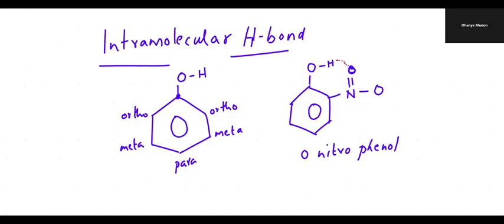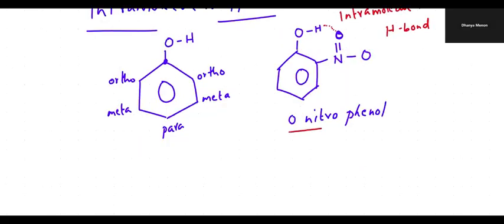There is no requirement for another molecule, and this is intramolecular hydrogen bonding. So it is happening within the molecule. This is the case of orthonitrophenol.